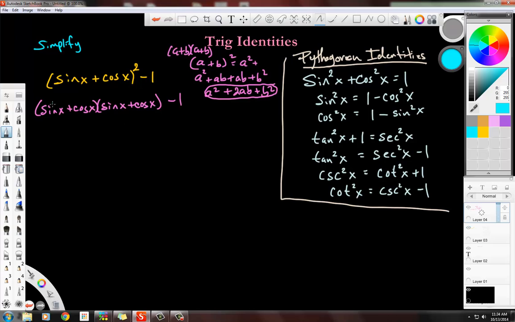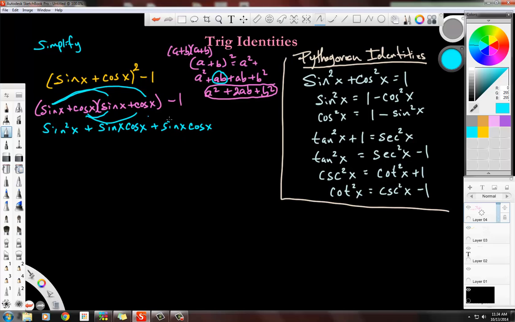Okay, so we're going to do first, so that'd be sine squared of x, plus the outside step would be sine x cosine x, just like I had ab right there. Then on the inside step, cosine x times sine x would be another sine x cosine x.